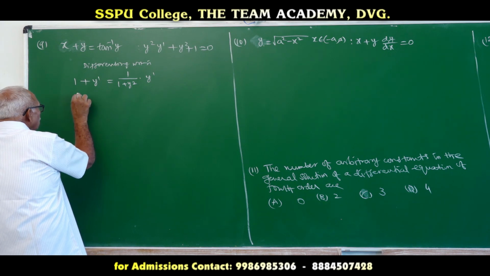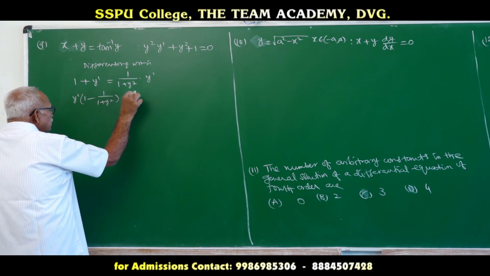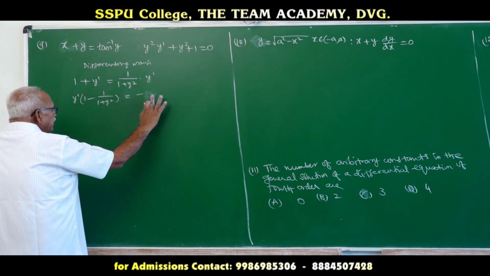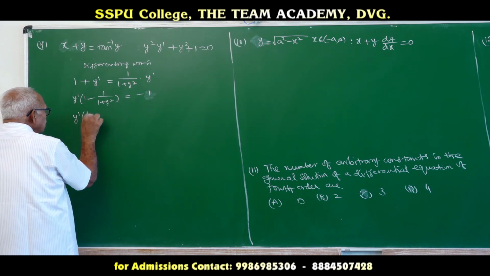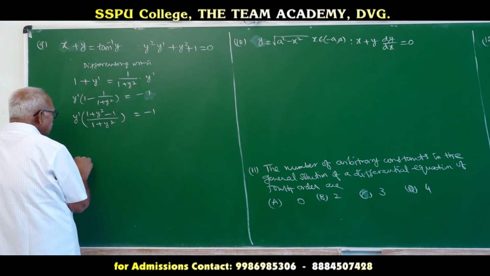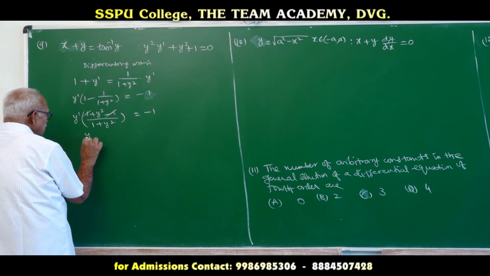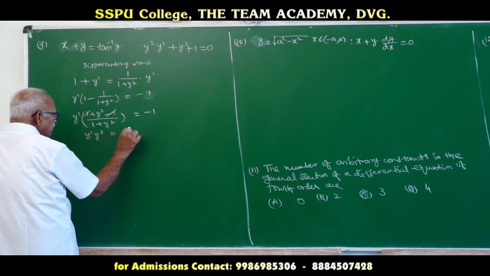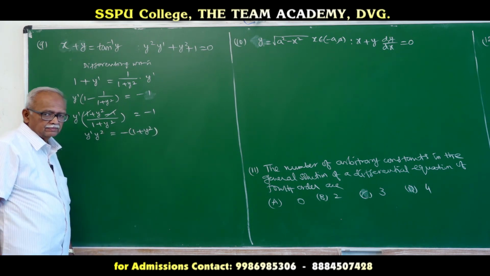So, y dash into 1 minus 1 divided by 1 plus y square is equal to minus 1. So, y dash into y square by 1 plus y square is equal to minus 1. Here it cancels, y dash y square is equal to minus of 1 plus y square.